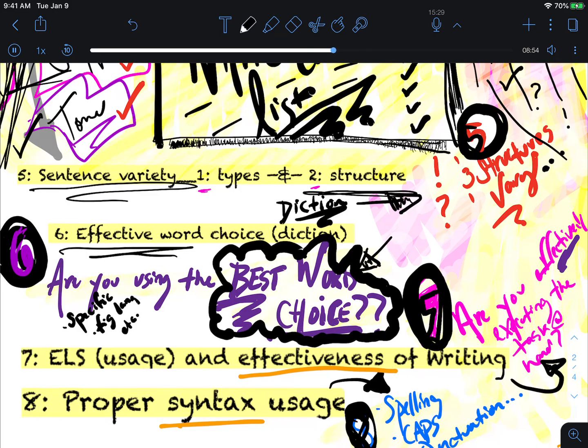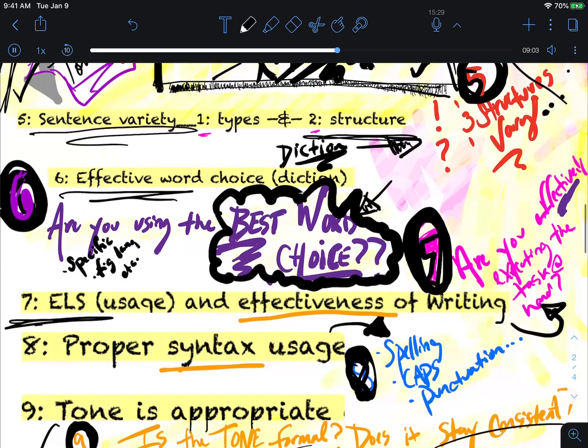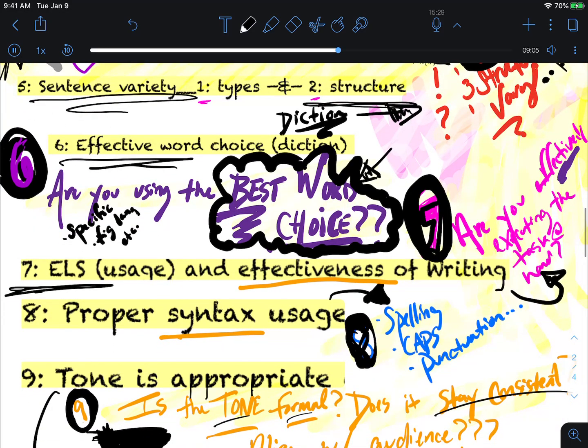Number 7 says ELS, English Language Structure. So this has to do with how well you use grammar, rhetoric, and writing techniques to complete the task at hand.